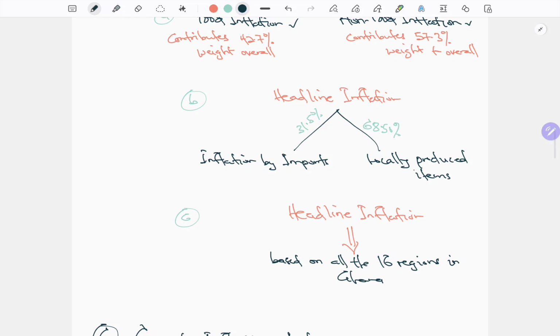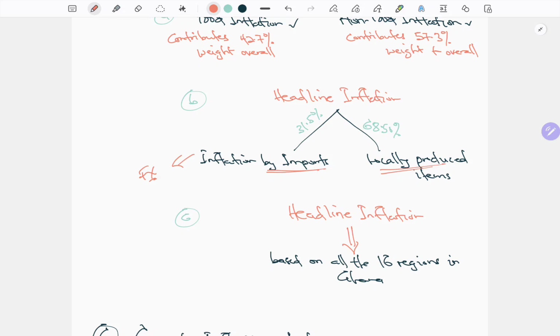Again, your overall inflation, you can segregate into those that are driven by imported goods and those that are driven by goods that are manufactured locally, right? So obviously there will be some bit of FX pressures here, and even to some extent in locally produced goods if the raw materials are largely imported.